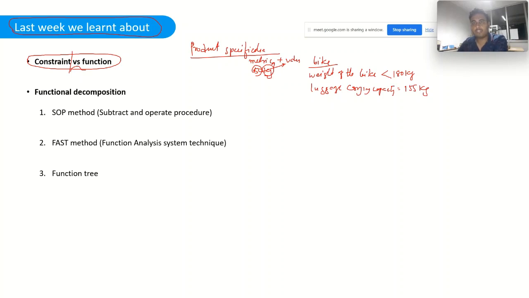Okay, so tell me, among these two, which is a constraint and which is a function? Both are product specifications, but during design you consider one of them as a function and one of them as a constraint.